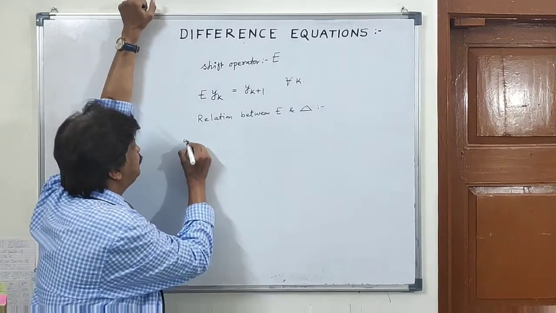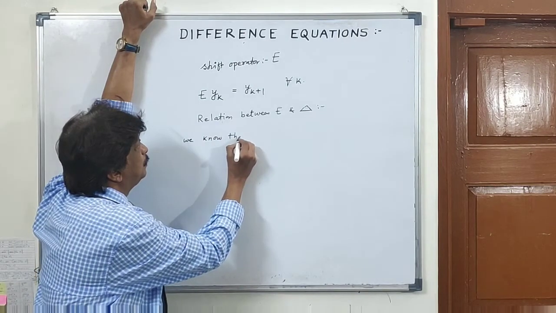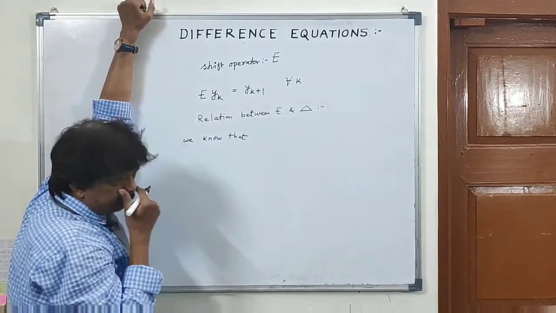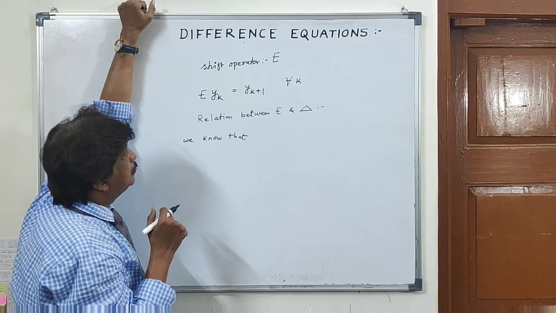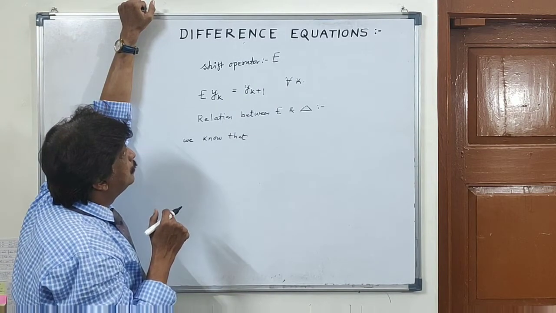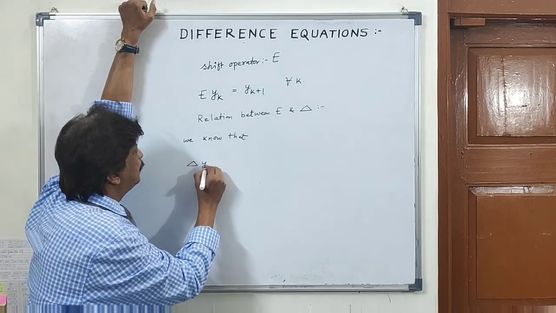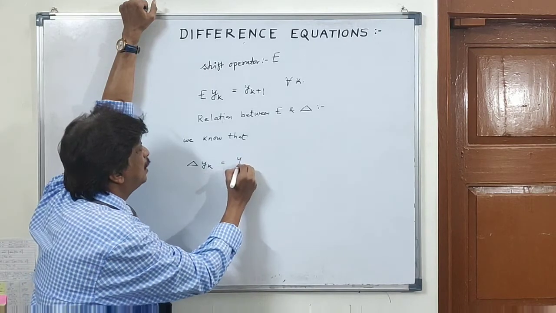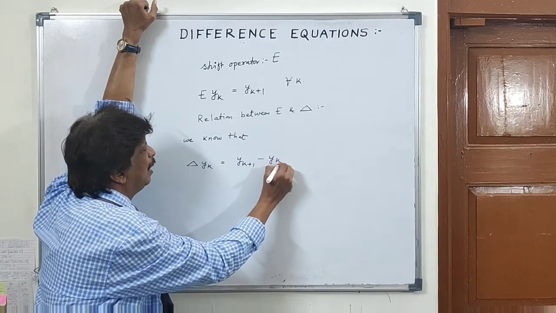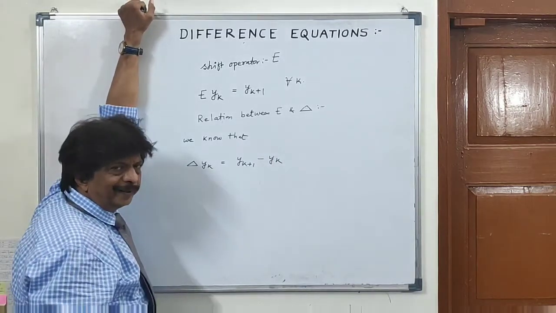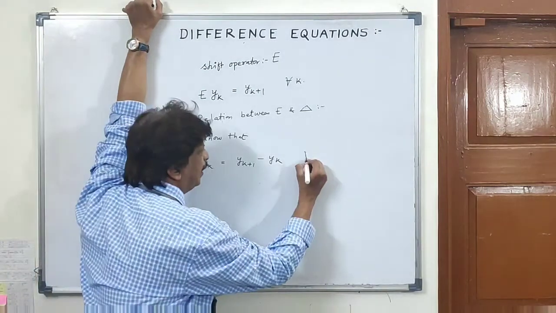We know that delta of yk is yk plus 1 minus yk, which is true for every k.